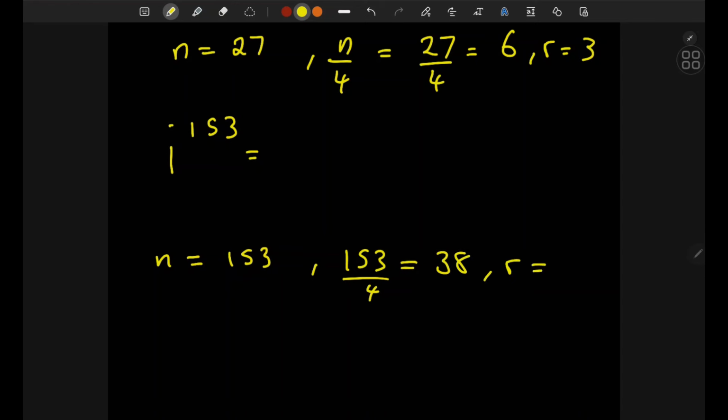Our focus is always the remainder. The remainder is 1. So that means we'll write i raised to 1, and i raised to 1 is just i, and that is our final solution. So that's how you deal with any question that you face where an exponent is very large and you just need to express it in a simple term.